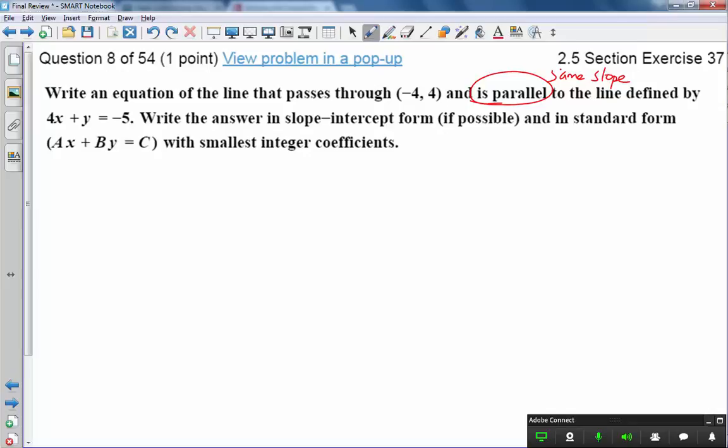Yes, any results? No? It's pretty much the same question.